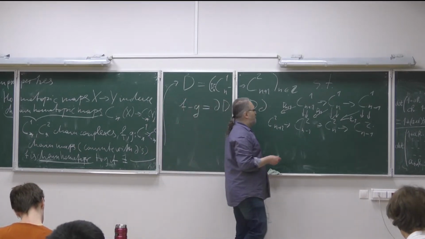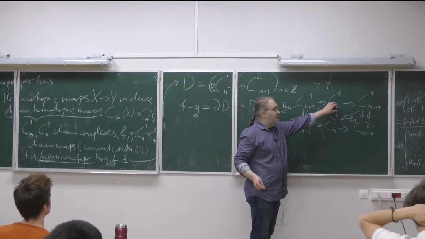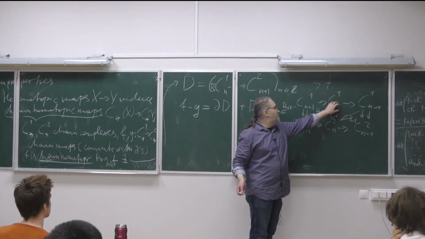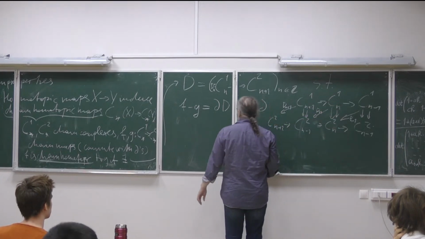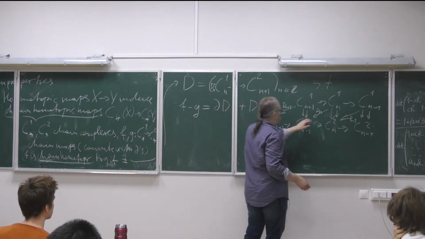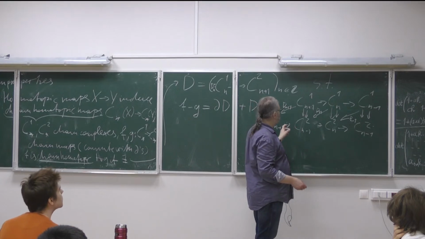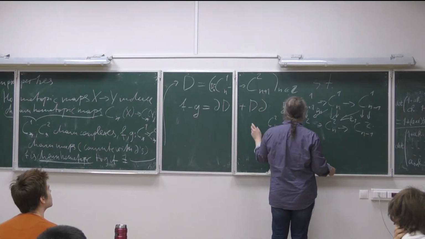Well, what does this mean? For example, in degree n, the difference of f minus g, where does it go? It goes from C1n to C2n. What happens if we apply d? Oh, sorry, this doesn't make sense, it goes in the wrong direction.